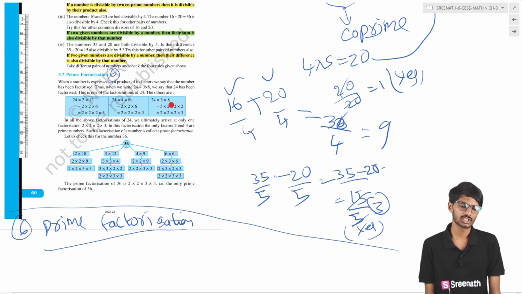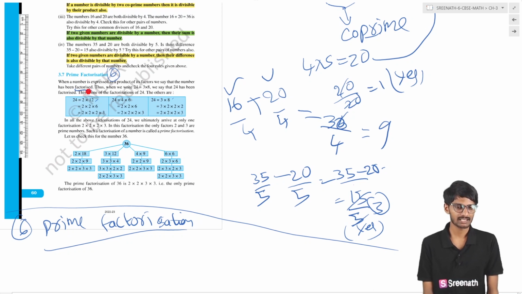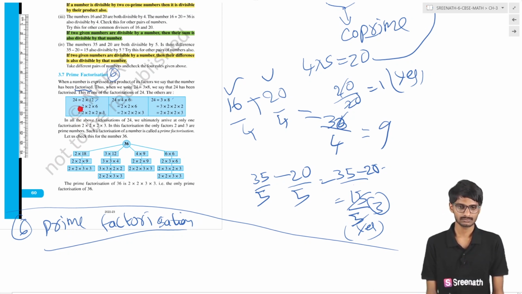Again we can write it as 3 into 8, and again we can write the factors of this. So in all these things, we are writing 24 in different ways: 4 into 6, 3 into 8, and 2 into 12. So we call that 24 is factorized. Why? Because we have written the factors of that number.